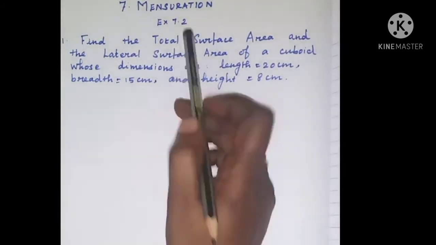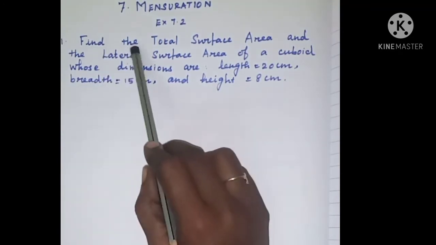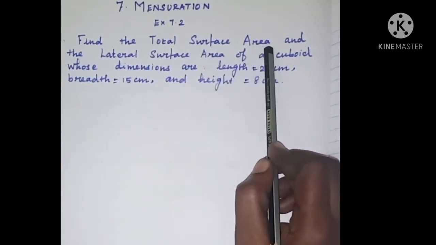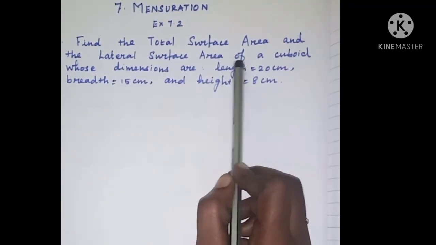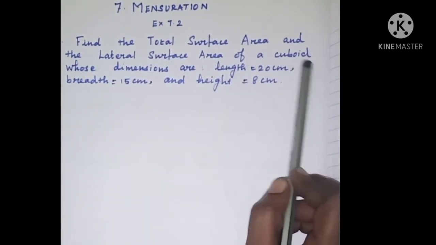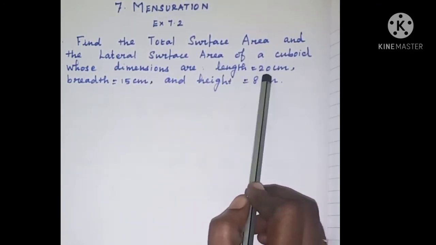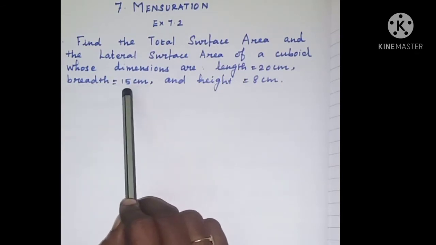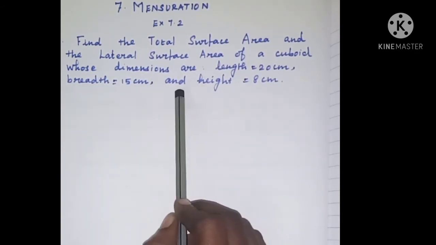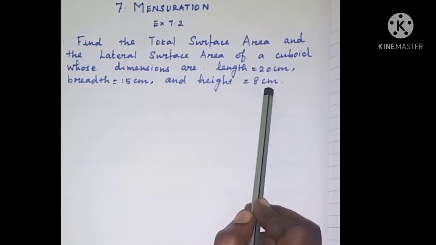Exercise 7.2, first problem. Find the total surface area and the lateral surface area of a cuboid whose dimensions are length is equal to 20 centimeter, breadth is equal to 15 centimeter and height is equal to 8 centimeter.